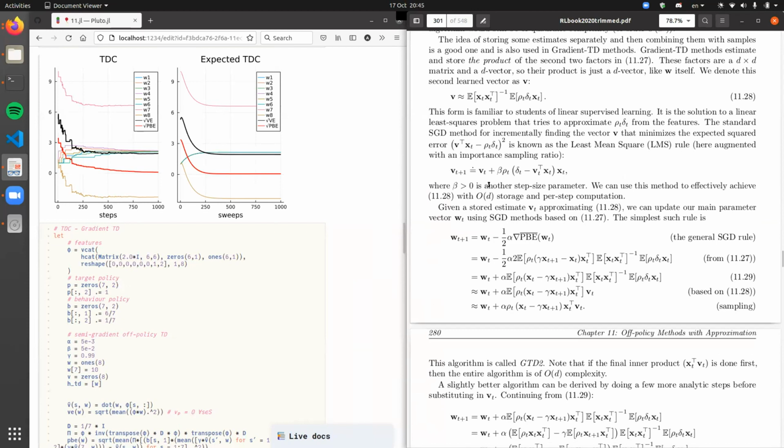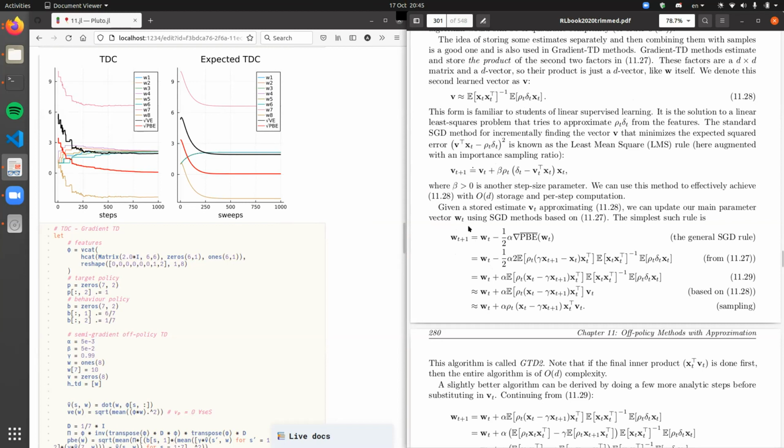Okay, and for the second part, we still need to sample the remaining quantity and update our weight vector. So now we have two vectors. We are talking here about the linear case, and in the linear case both vectors would be of size d, where d is the dimension of our feature vector.